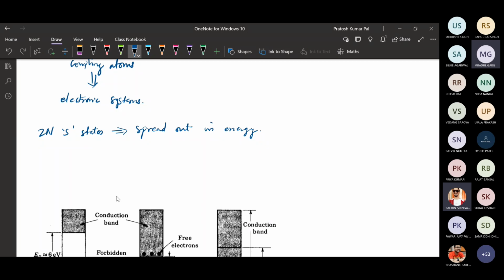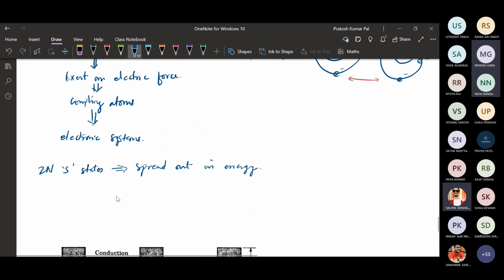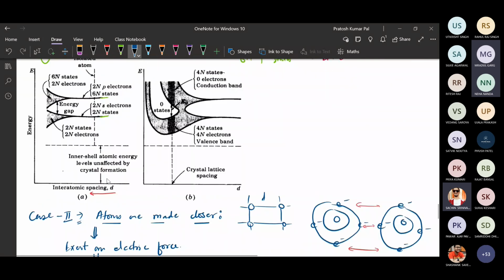So the energy states of one atom and another atom are at the same level, but as the atoms are made closer to each other, the energy states will interact with each other, and will spread out and form a band type of structure. So initially the energy state was the same. As we reduce the distance, the energy will spread.